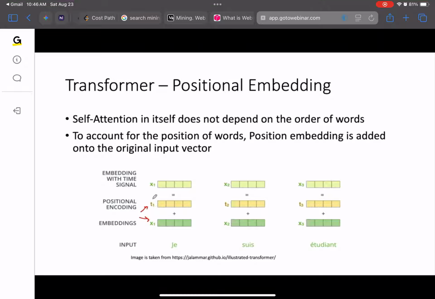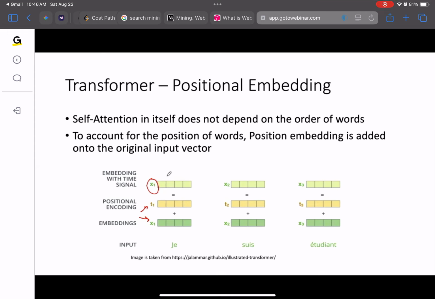Irrespective of what word x1 is, there's a fixed vector corresponding to this position that is added to x1, and a new vector is generated. This vector is provided to the encoder. That's how it typically works.